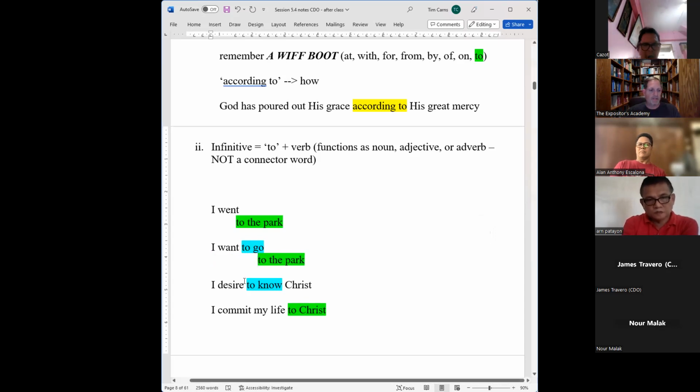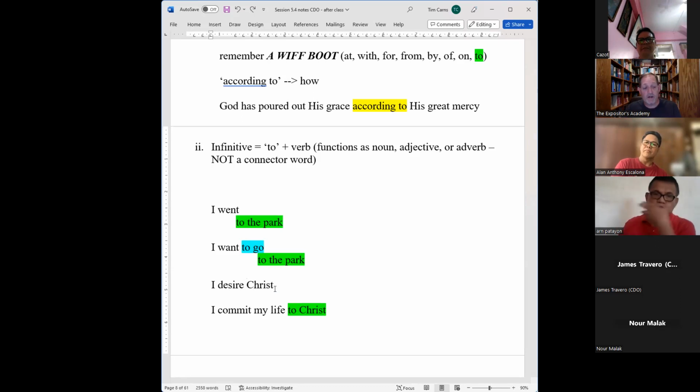Okay. Same thing here. We could say I desire Christ. That would be a possible idea. But when I add this to know Christ, that's telling me something else. It's what I desire. In the first case, I desire Christ just means I want Christ. But when I say I desire to know Christ, that's saying something a little bit different.